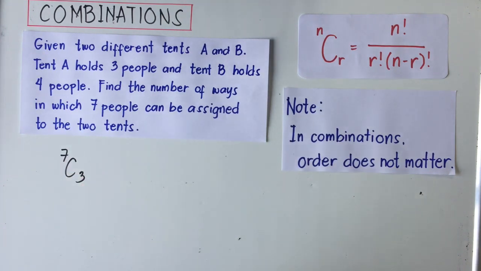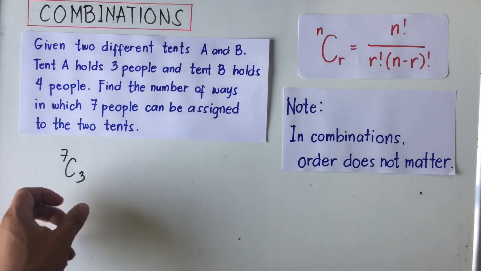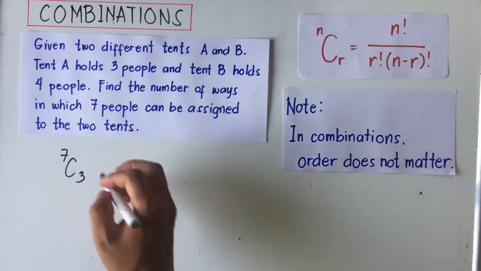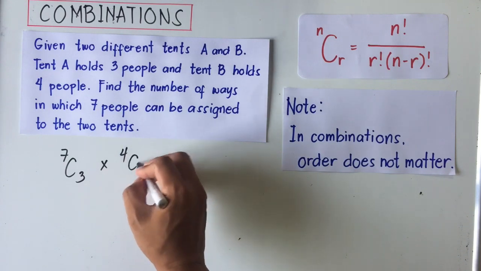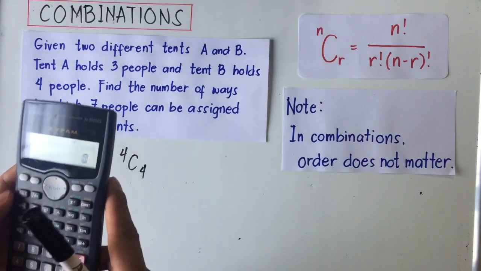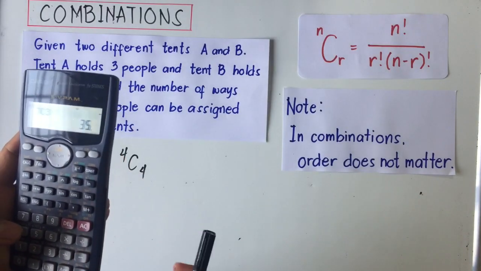But remember, I remove 3 people from the 7 choices, so I will only have 4 people left as my choice for tent B. So I'll multiply that with 4C4, and remember guys, 4C4 is equivalent to 1. 7C3 is equivalent to 35.